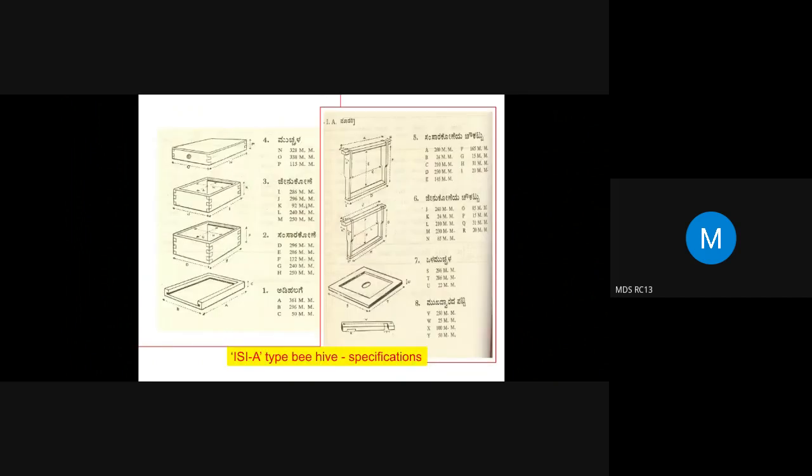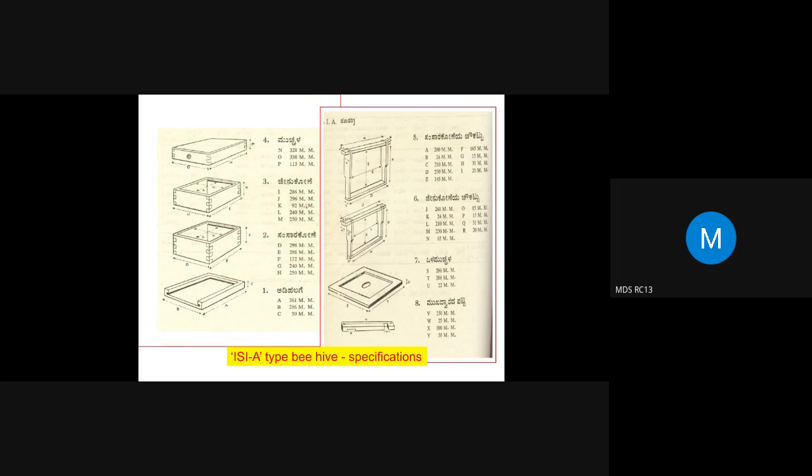Here, the top one is called the top cover, which helps in protection from rain and direct sun rays. The second you are seeing is the super chamber, or we can call it the honey chamber, because only honey is stored in that chamber.